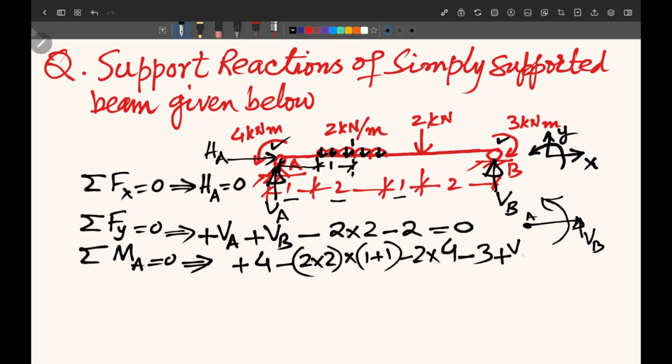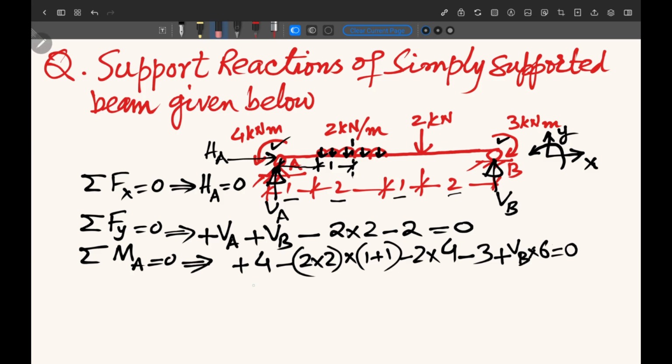So plus VB into the distance from A. So 2 plus 1, 3, 3 plus 2, 5, 5 plus 1, 6. So VB into 6 equal to 0. And this is our sigma M equal to 0.